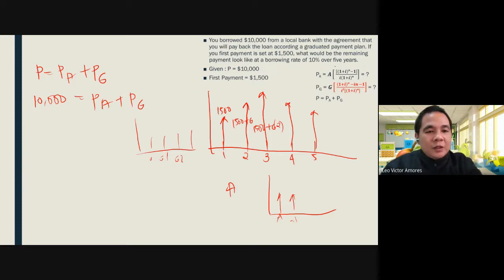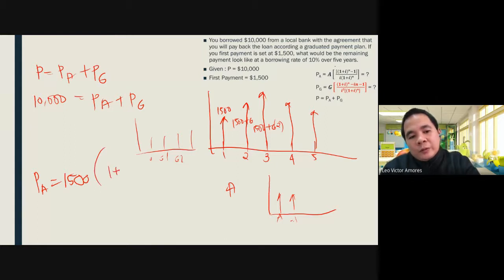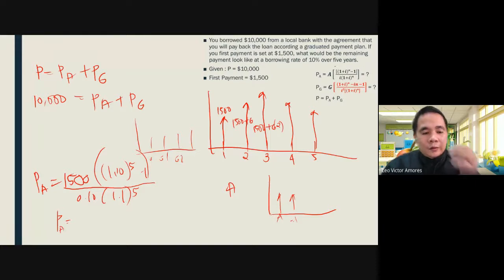So, your P of A is equal to 1,500 times (1.10 to the exponent 5 minus 1) divided by (0.10 times 1.10 to the exponent 5). How much is your P of A?